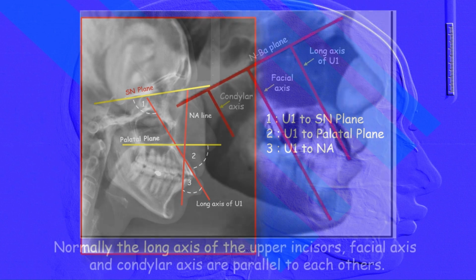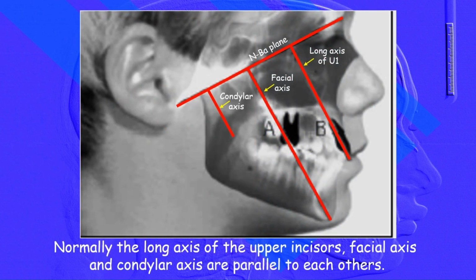upper incisors. Previously we discussed that the upper incisors' normal inclination depends on the vertical growth pattern of the face. When the inclination of the upper incisors is normal, then the long axis of the upper incisors should be parallel with the facial axis and condylar axis.